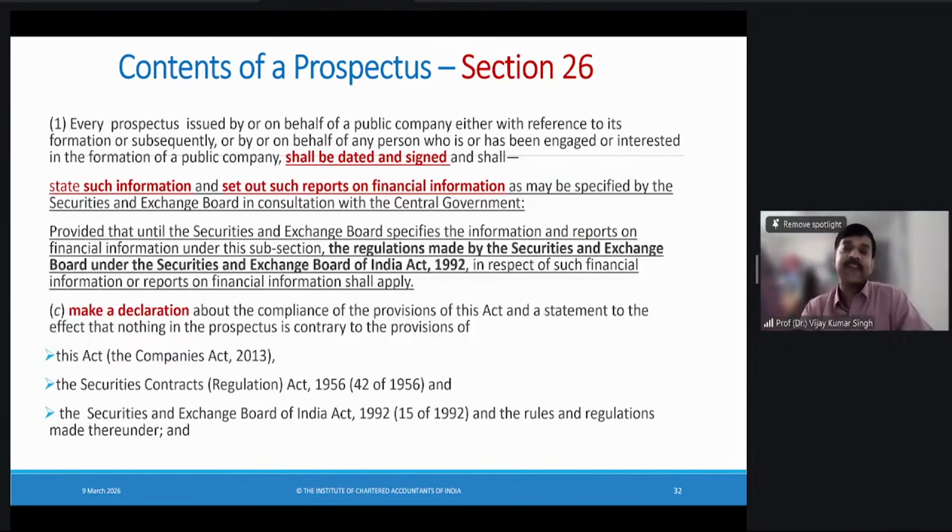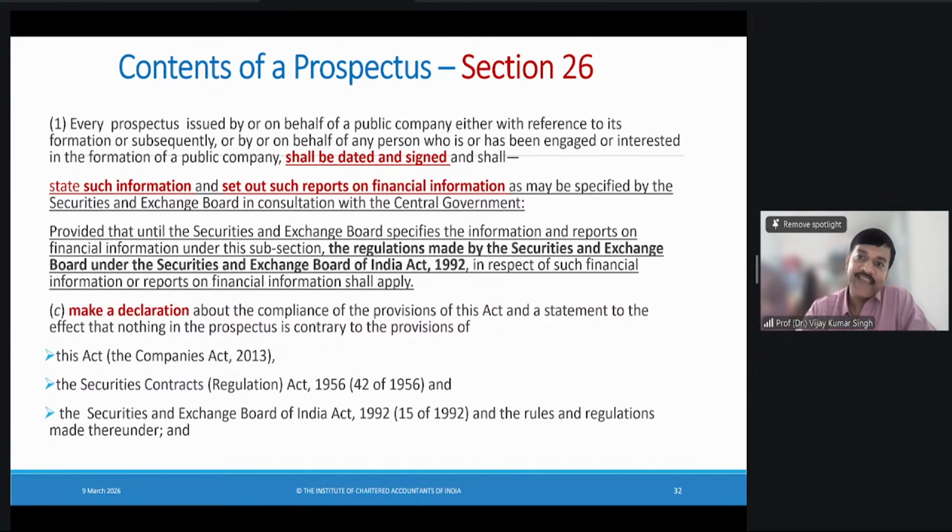So it is basically trying to tell that either the SEBI can come up with a regulation specific to section 26 or whatever SEBI has framed the regulation with reference to your prospectus will be applicable in this case also. If you will see the previous section 26, it contained number of provisions.